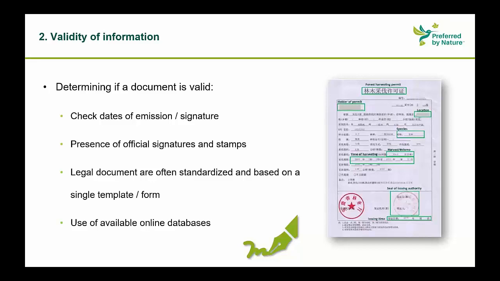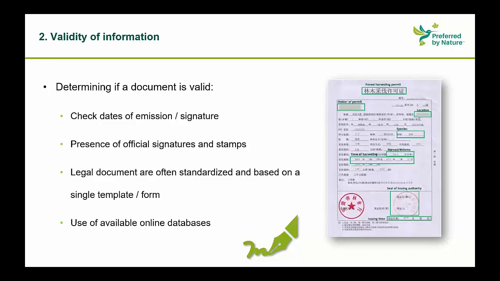And finally, some of the documents can also be checked against online databases that are available for everyone. Now, this is not the case for all the documents related to forestry. So sadly, this is not something you can do 100% of the time, but it is sometimes available. I know that China has a database to check invoices.